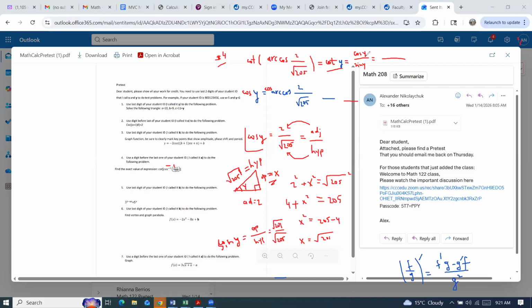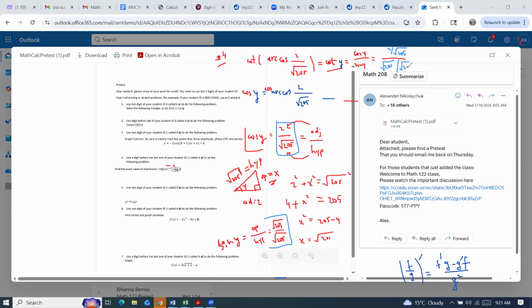So when I divide cosine, which is what we already know, this fraction, 2 over square root 205, and I divide this by sine, which is the one we just found here, square root 201 over, again, square root 205, then my square root 205 cancel, right?